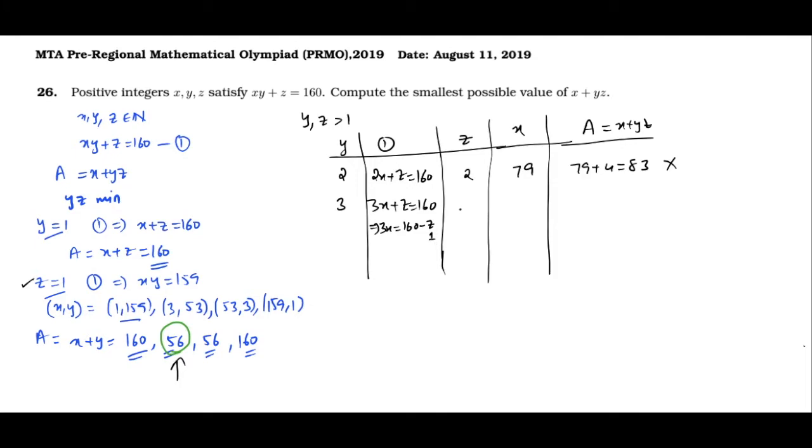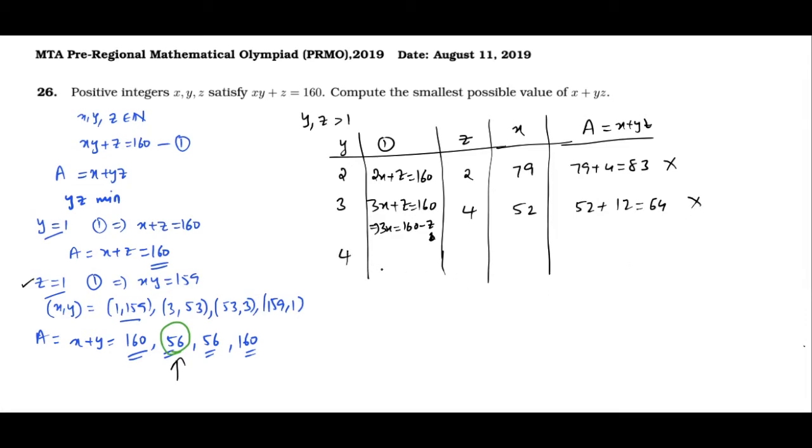So we will go with z equal to 4 because 160 minus 4 is 156, which is a multiple of 3. So x will be 156 by 3, that will give me 52. So a, which is x + yz, is 52 + 12, so here we get 64. This is also not the least possible value.